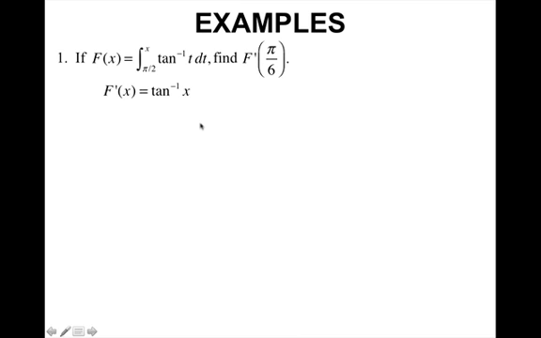So that means that the derivative of big F is just tangent inverse of x. Now in order to find the derivative of big F at pi over 6, I'm just going to plug in pi over 6, and tangent inverse of pi over 6 is 0.4823. That's fine if you plugged it in your calculator, or you could have done the unit circle as well.